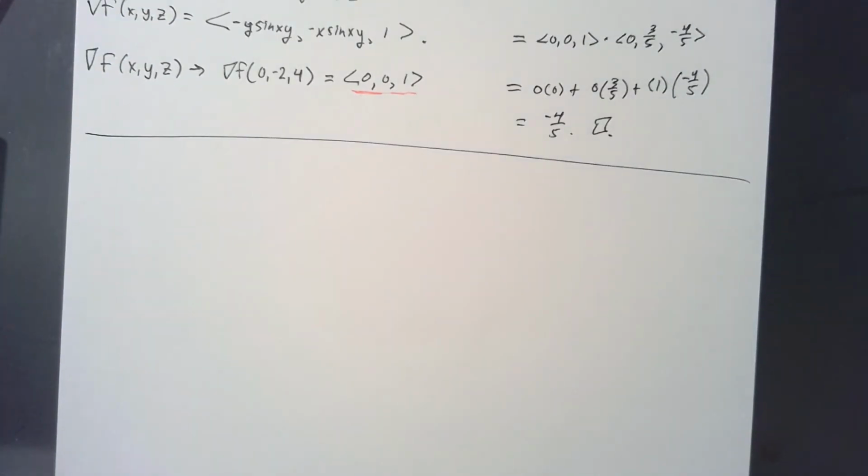I'm not quite done with this section yet. I do want to build on some things here. So there are various interpretations of what the gradient of a function represents.